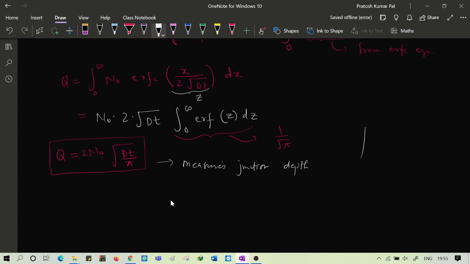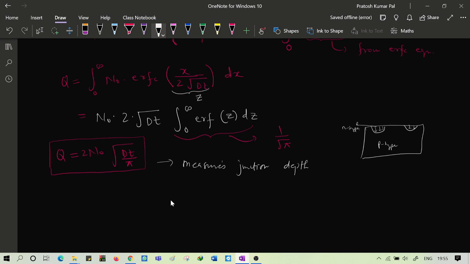If this is the substrate and diffusion is taking place, to what extent the diffusion has taken place, that will be considered as the junction depth or diffusion depth. It was a p type, and here we have considered n type diffusion.